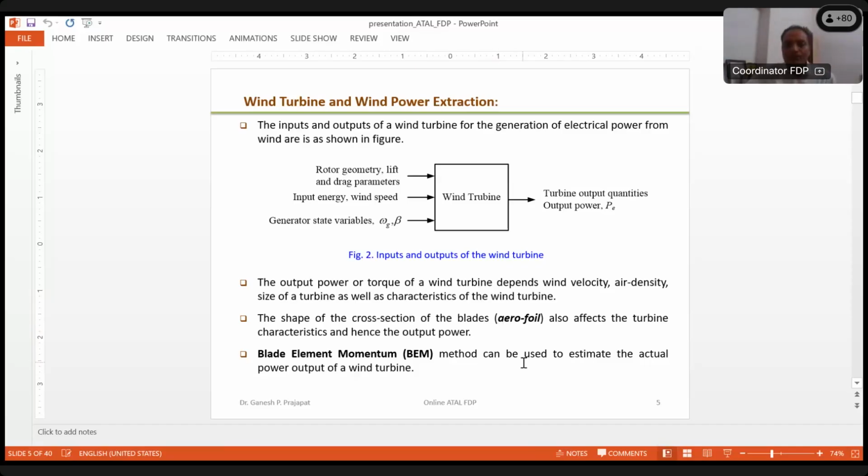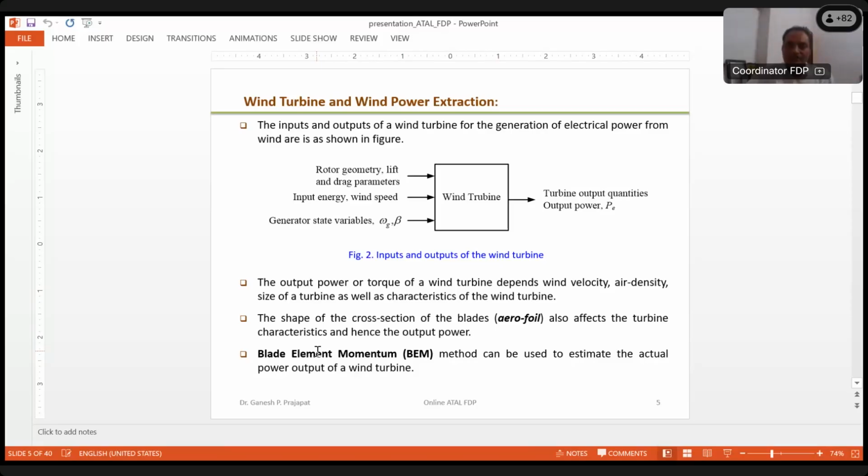Then when we mathematically calculate the electrical power out of a wind turbine, we usually use the blade element momentum method. Actually, this is nothing but this: if we cut a wind turbine blade into various sections, let's say one complete blade is cut into, let's say, 10 sections or 10 parts vertically.